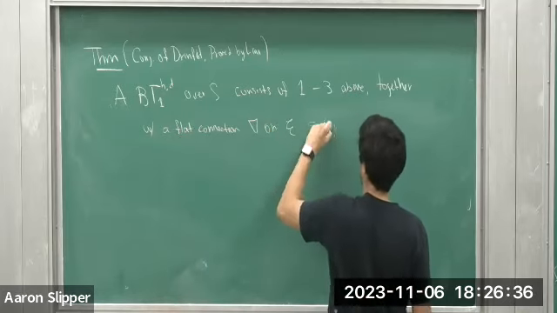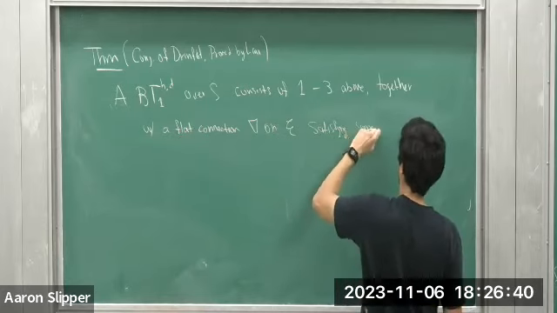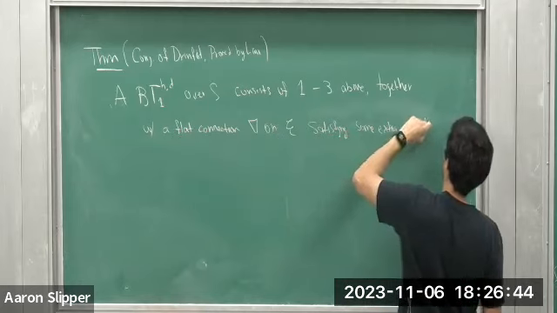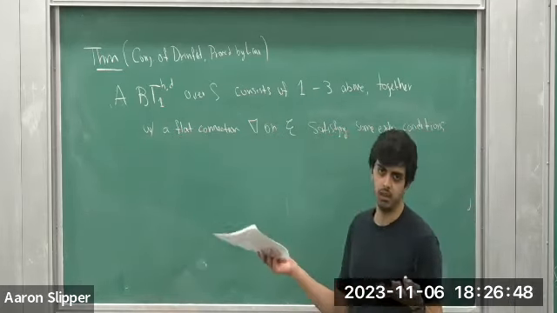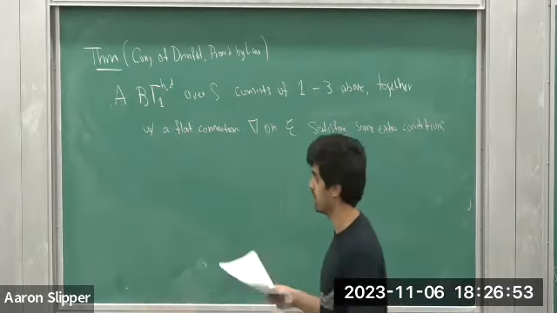And in this situation, the map from BT1 to disk 1 is just forgetting the connection.